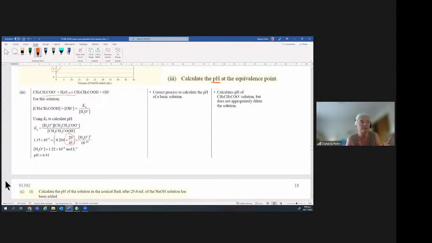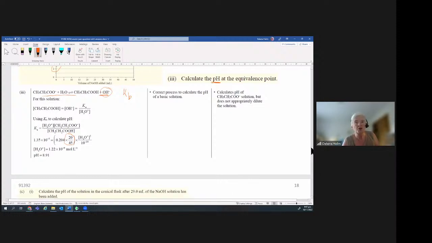The anion comes from the weak acid, so you need to write that hydrolysis. You are given OH minus in this equation, so you can either work with a Kb or you do this change that they've given here to work out the Ka. Okay, but do not use a Ka directly based on this equation because it doesn't work.